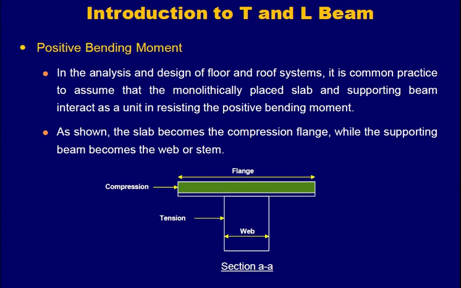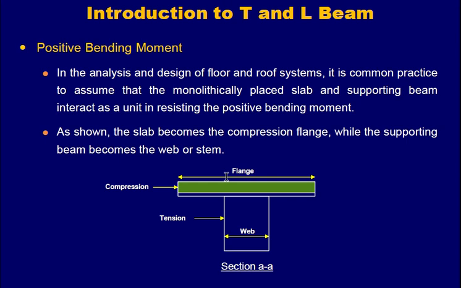In the analysis and design of floor and roof systems, it is common practice to assume that the monolithically placed slab and the supporting beam interact as a unit. If it is monolithically placed, then they will act as a unit resisting the positive bending moment. As shown here, the slab becomes the compression flange.